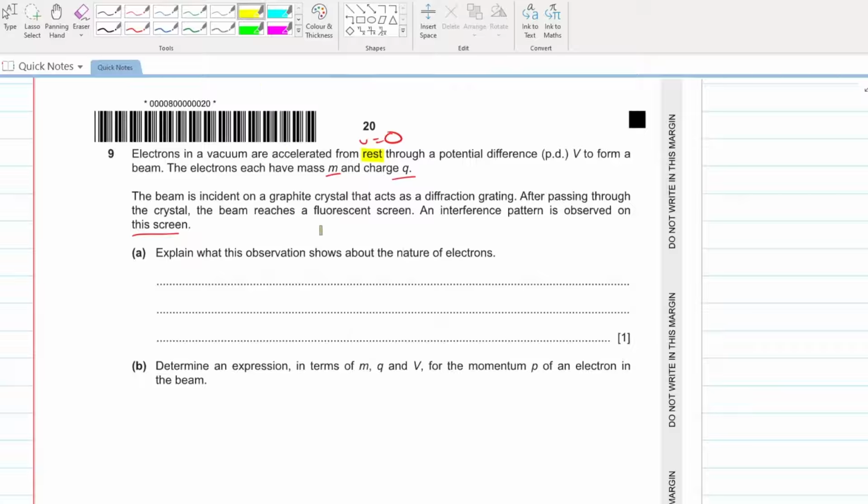If electrons are diffracting, they are interfering, this tells us what? Electrons are behaving as what? Waves.